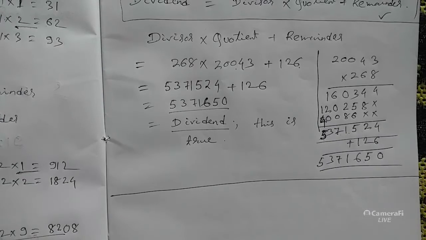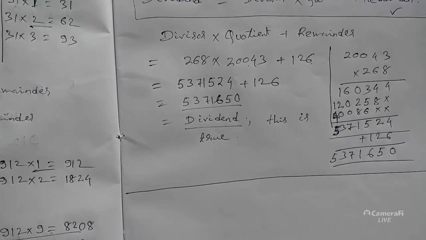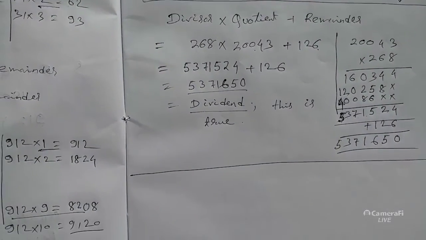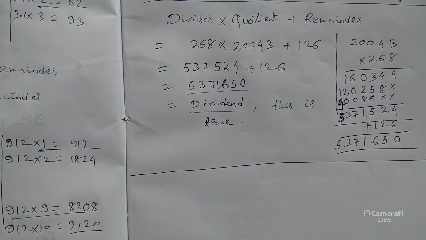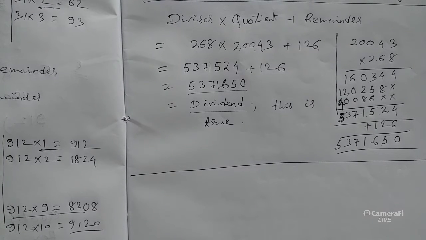Now suppose in a division problem the quotient, the remainder and the divisor are given, and you have to find the dividend.